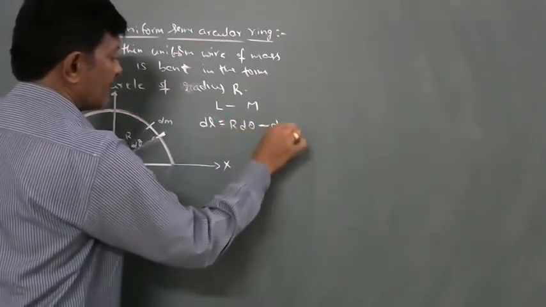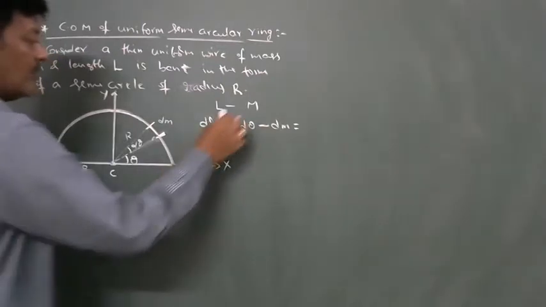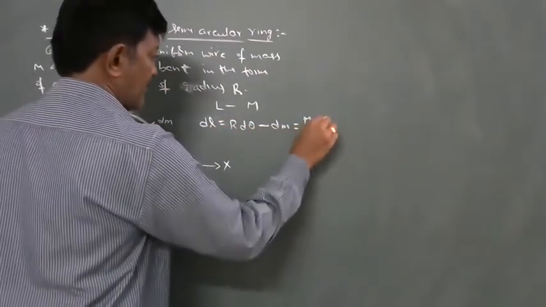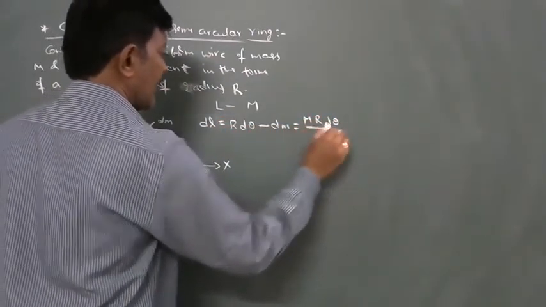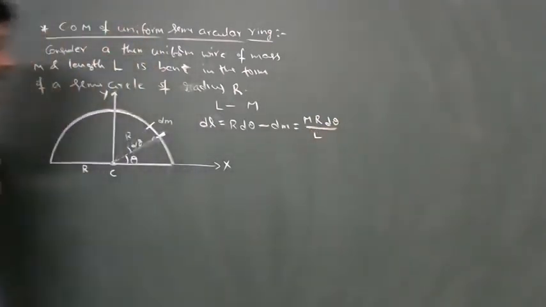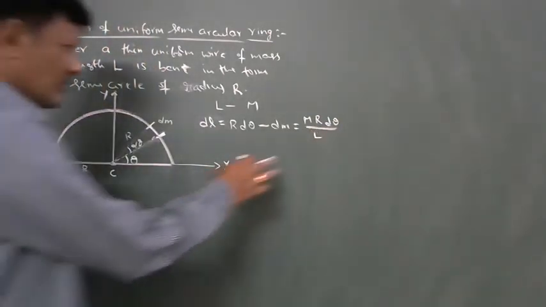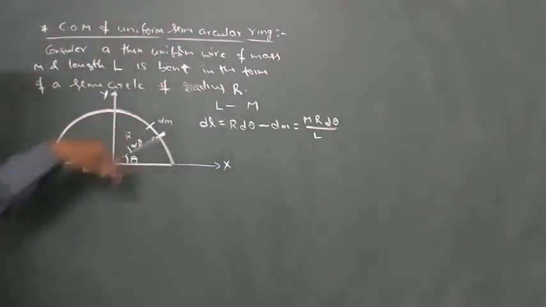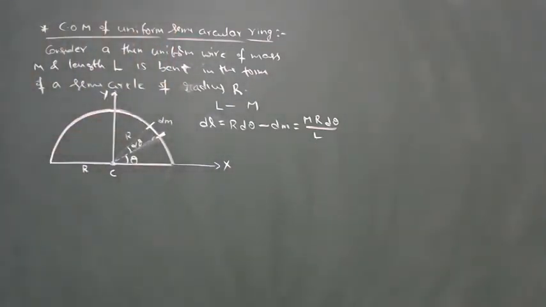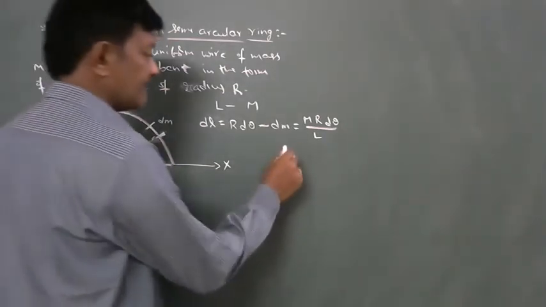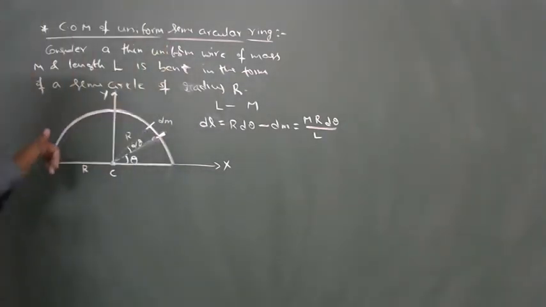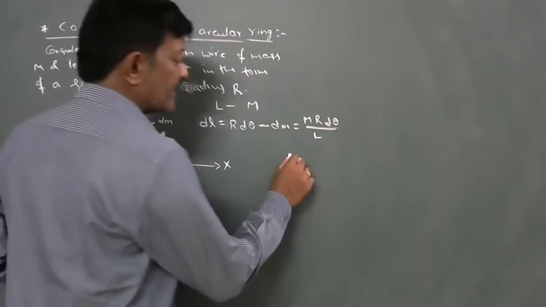is dm, and that dm is equal to M r d theta by L. Now, what is L? L is equal to pi r. The length of the semicircular ring is L. Semicircle means its length is pi r in terms of radius.